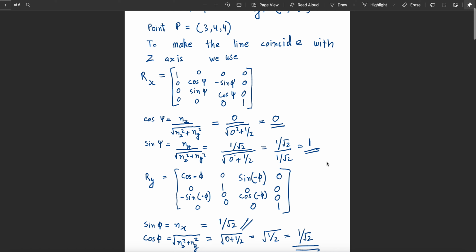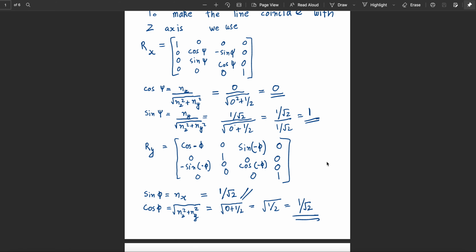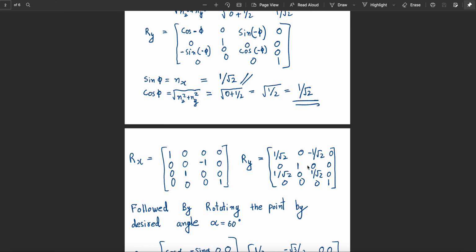So we get that cos psi is 0 and sin psi is 1. Sin phi is 1 by root 2 and cos phi is also 1 by root 2. So we get the two rotation matrices as given here.